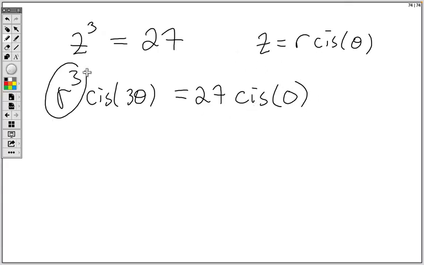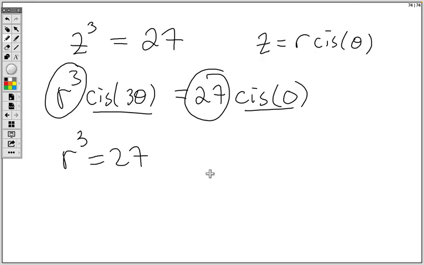What I'll do is equate the moduli here, and I'll solve for the angles. If these are the arguments of the same complex number, they've got to be off by a multiple of 2 pi k.